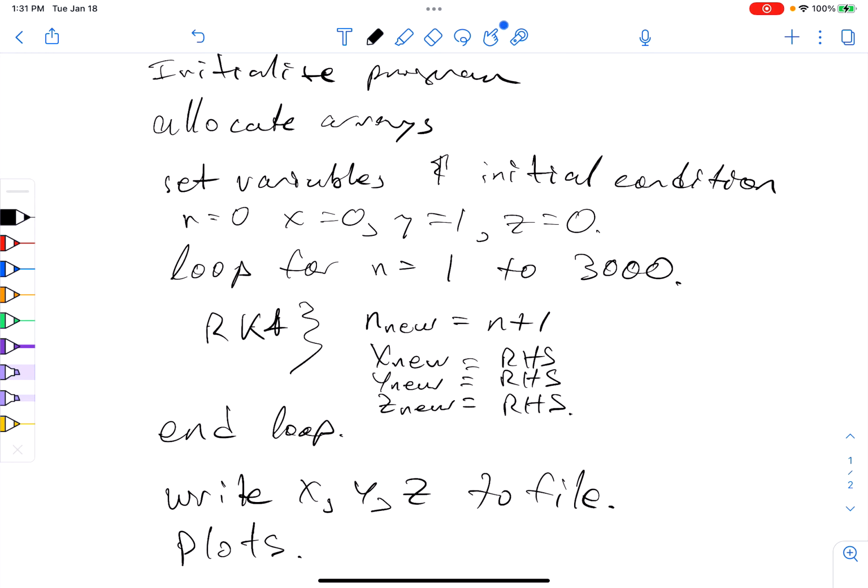And you would get these new values based on your Runge-Kutta method, and you would basically store your result in a large array from 1 to 3,000. And the right-hand sides, of course, are on your assignment, which is equations 11.1, 11.2, and 11.3. Those are the three right-hand sides, right?